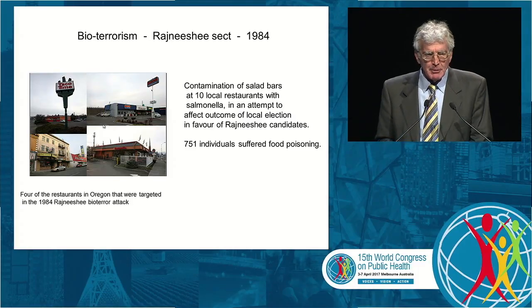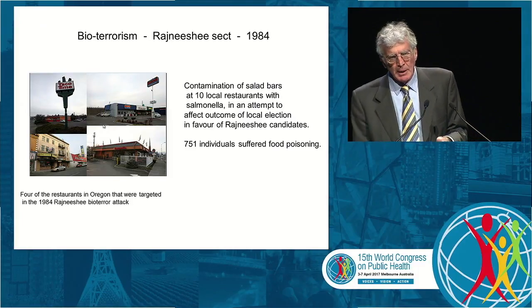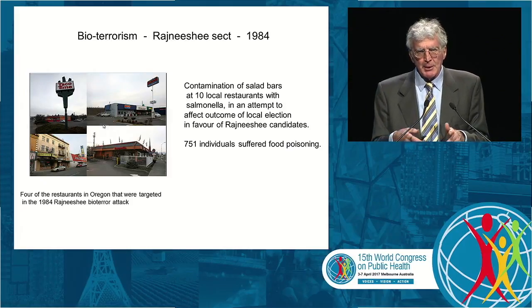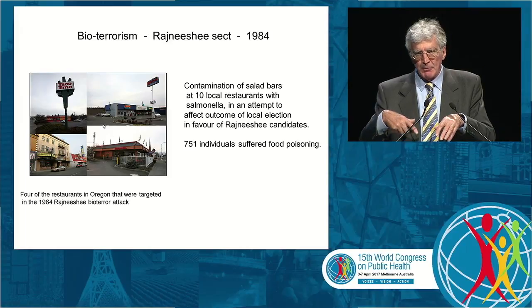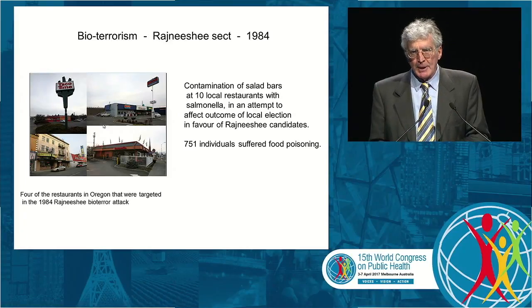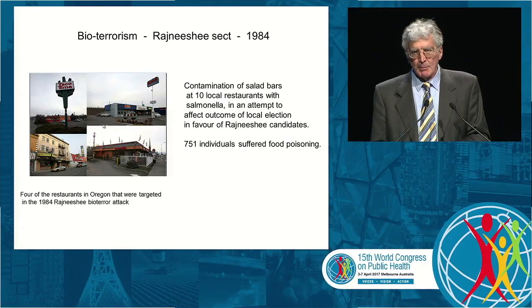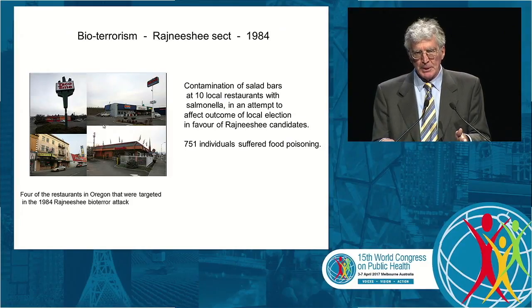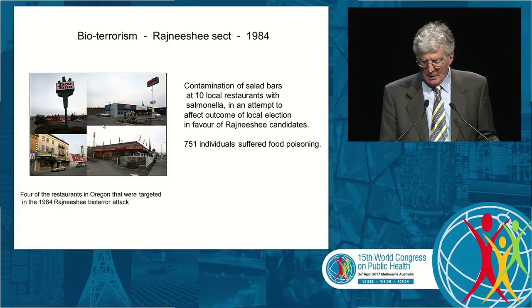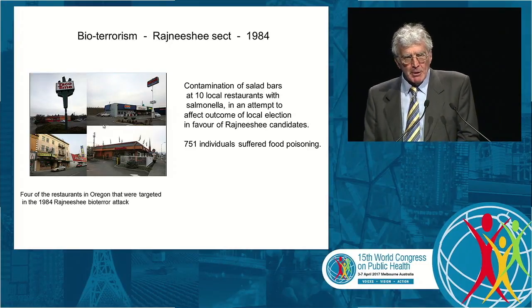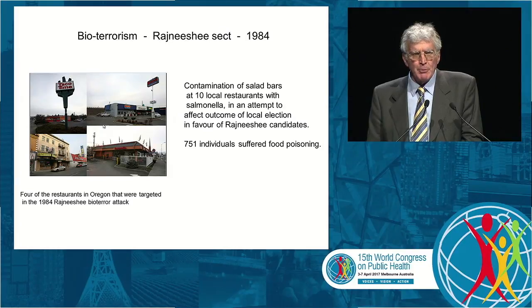They basically wanted to rig the local elections, so they poisoned about 10 salad bars within the voting area with salmonella, hoping enough people would get sick so they wouldn't be voting, which would enable their candidates to be elected by their own people who wouldn't be at those salad bars. And as I say in the slide, about 700 odd people were injured from food poisoning. None died, thank goodness, but this is a very early example of bioterrorism.